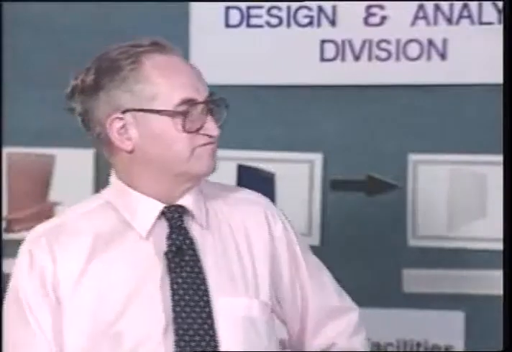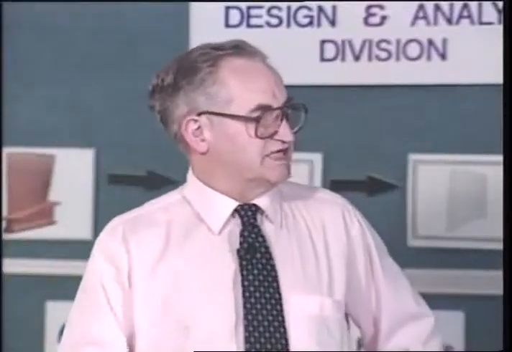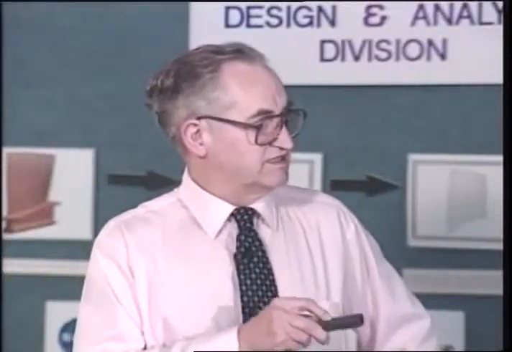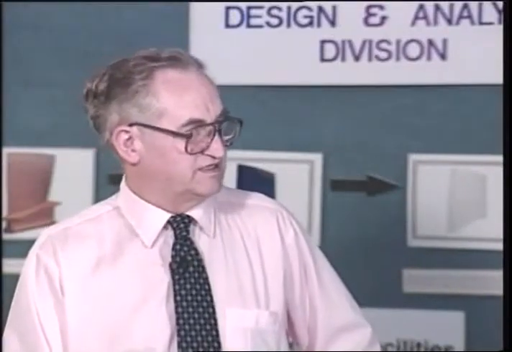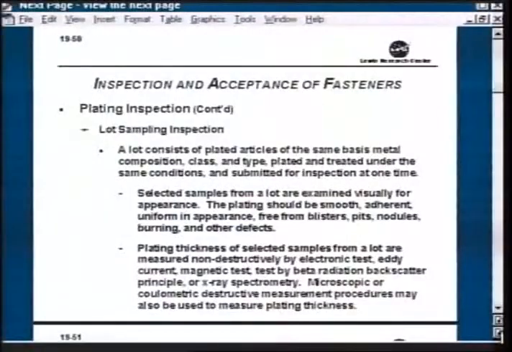The lot sampling technique, you can take a lot of plated fasteners of the same metal composition and so on, and take a bunch of samples out, visually inspect them, look to see if the plating is smooth, and to see whether it adheres properly, whether it has blisters in it, pits, and that sort of thing.